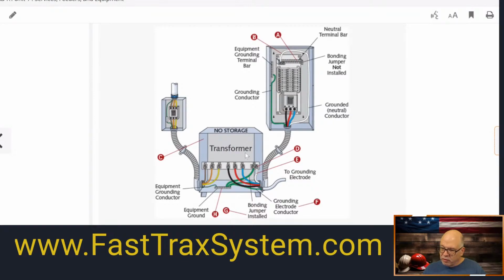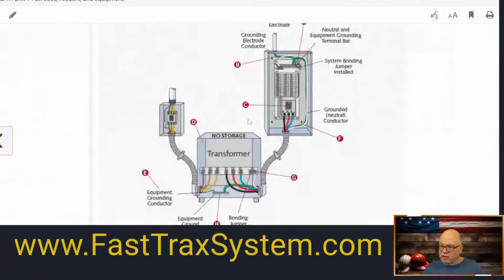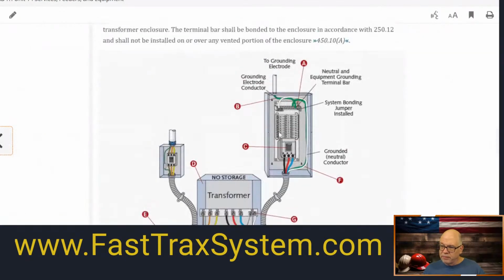And the other key thing to remember is on this separately derived system, your grounding electrode conductor, and follow all that in 250.30, you will notice that if your system bonding jumper is installed here in the transformer, that is where you go out to the electrode. All right? That's where your grounding electrode conductor will leave from. In the previous one, you'll notice that it was done in the panel.